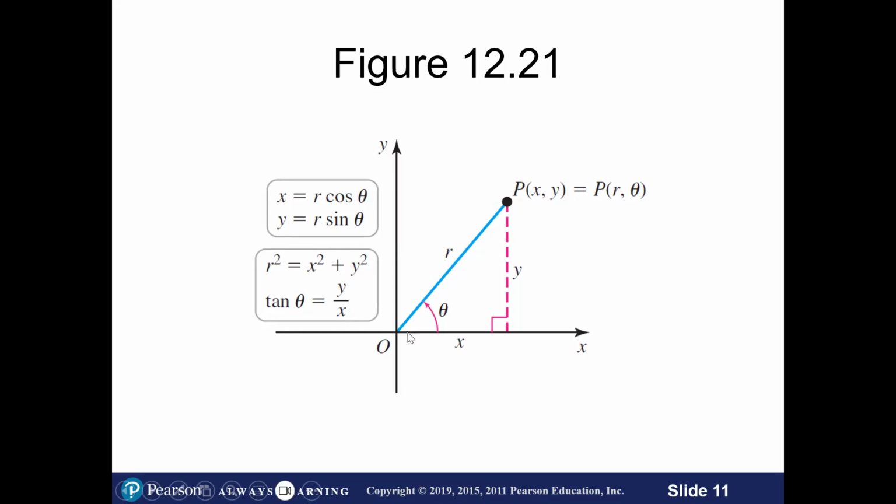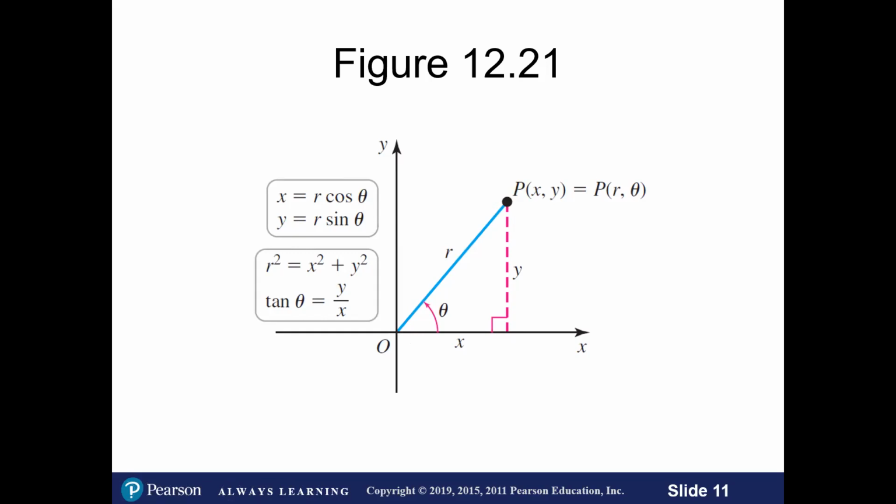If I describe this point in the plane as moving x units in the horizontal direction, then y units in the vertical direction, that describes a right triangle because the x and y directions are perpendicular to each other.